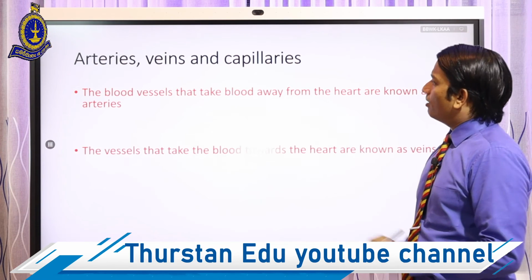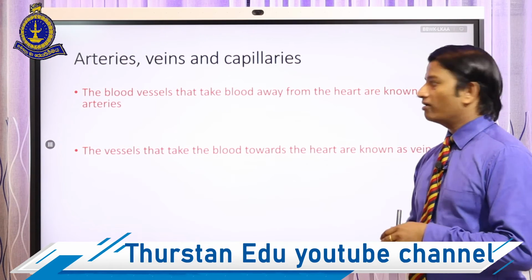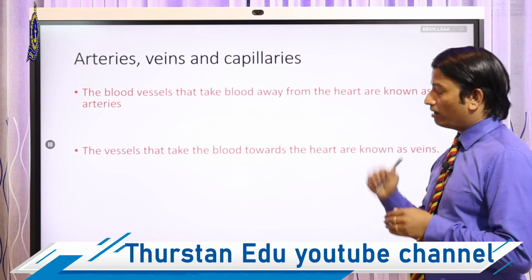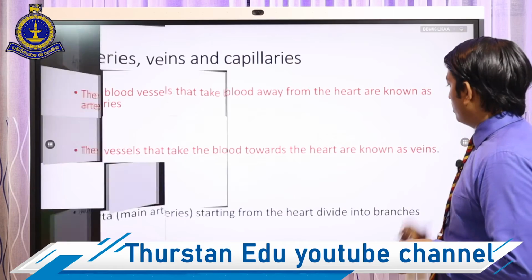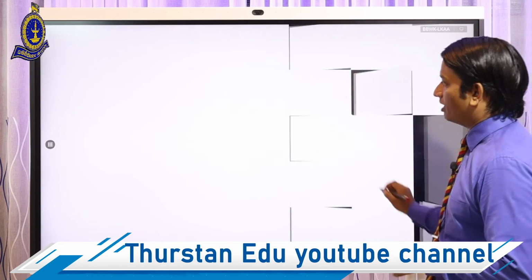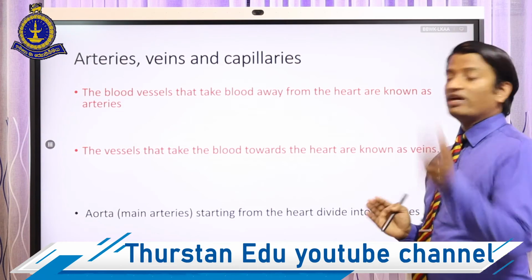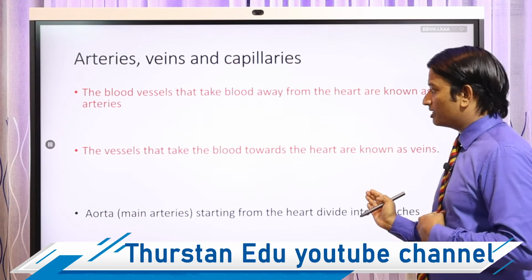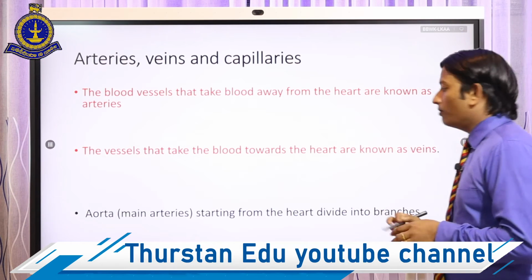These provide the pathway for blood flowing away from the heart and towards the heart. Blood vessels that take blood away from the heart are called arteries, and blood vessels which carry blood towards the heart are called veins.